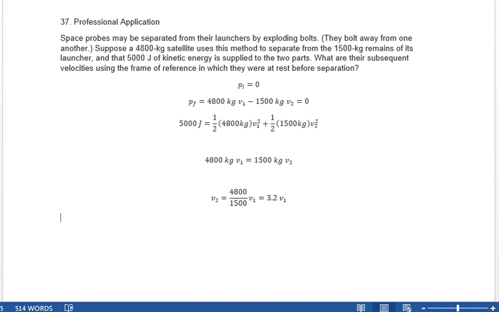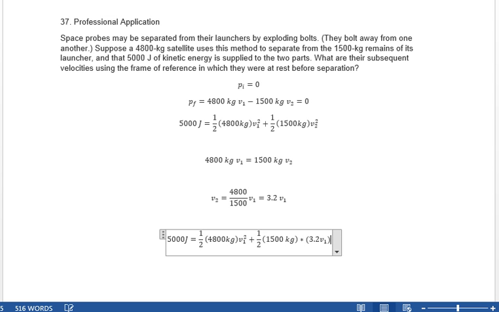All right, so now we're going to take this 3.2 V1 and stick it in for V2 right there. Okay, so that gives us 5,000 joules equals 1/2 4,800 kilograms V1 squared plus 1/2 1,500 kilograms times 3.2 times V1 whole thing squared.